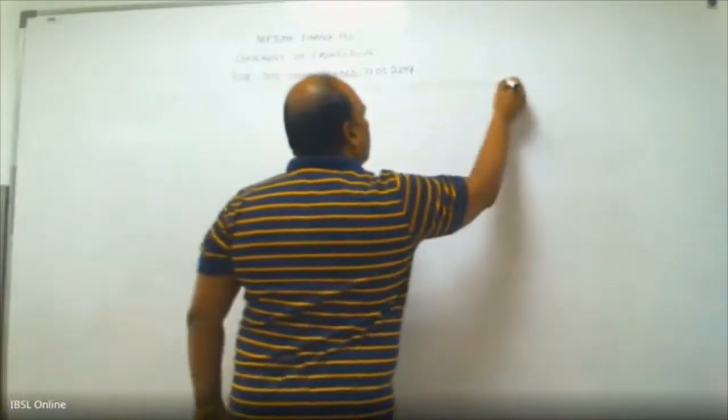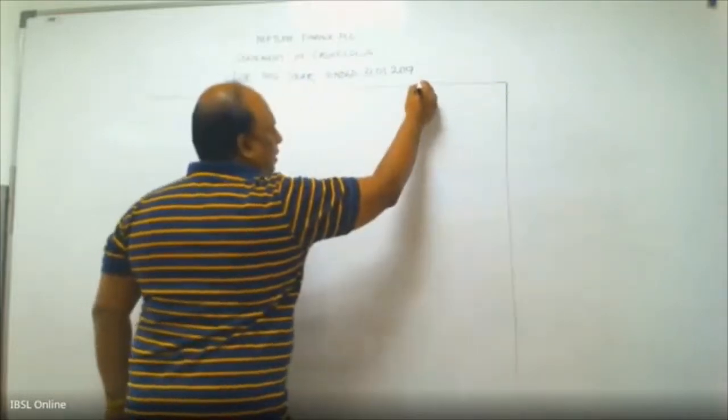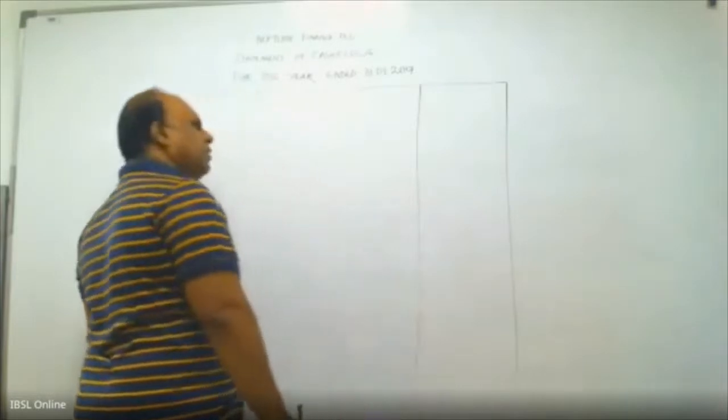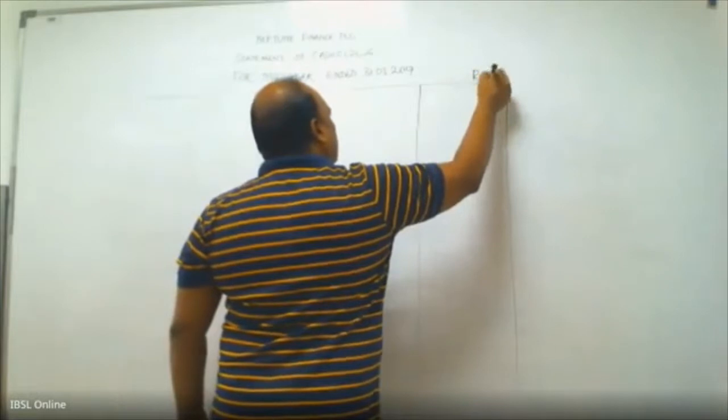And then I draw the. So I think we don't need to have two columns here. We can do it with one column, and you will put the currency here. Rupees.